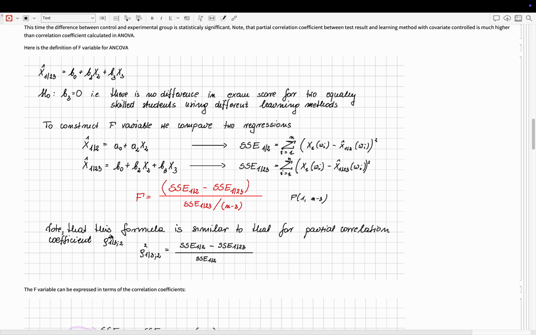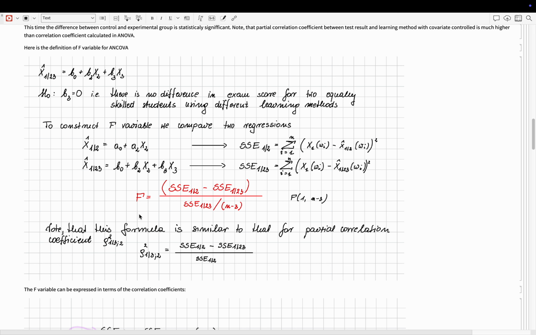Note that this formula is very similar to the formula for the squared partial correlation coefficient. The only difference is what we compare this difference to.